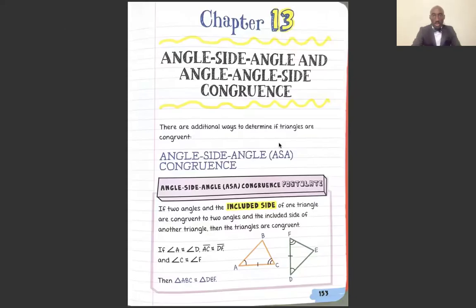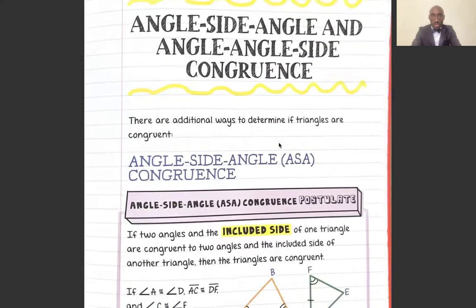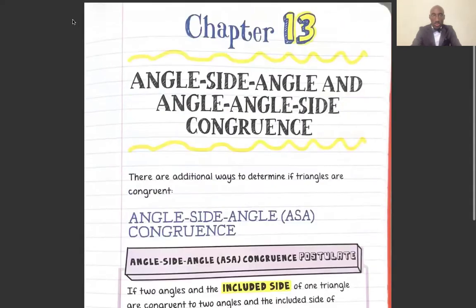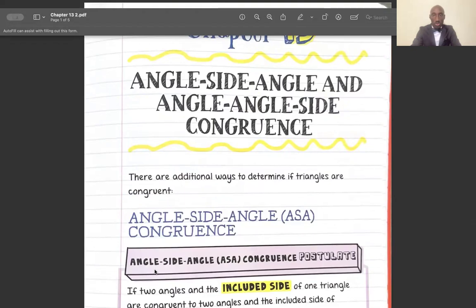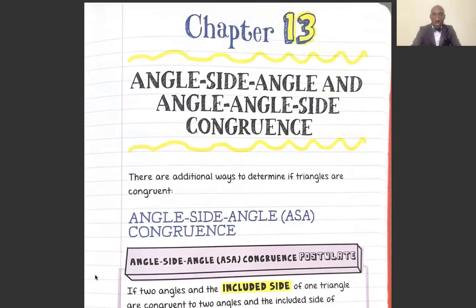All right. So you're in the new chapter, chapter 13, angle, side, angle, and angle, angle, side congruence. So there are additional ways to determine if triangles are congruent. Remember, this is building on side, side, side, and side, angle, side.